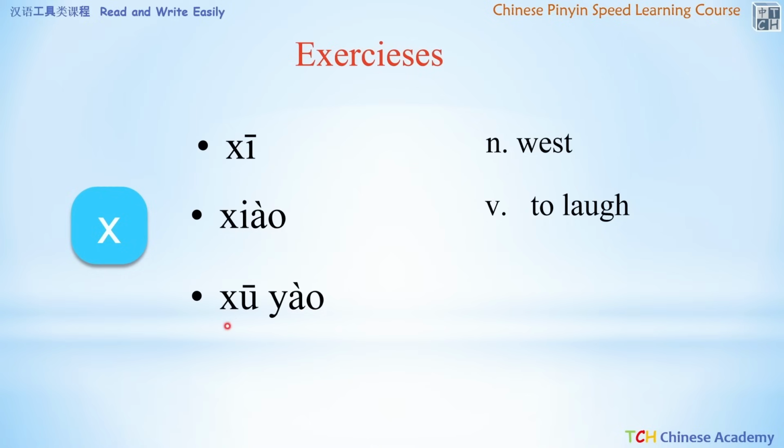And the last one is 西, this one is yu, and first tone, 西 yu 虚. This one is just like this one, so 要 together 需要, that means to need. 需要.